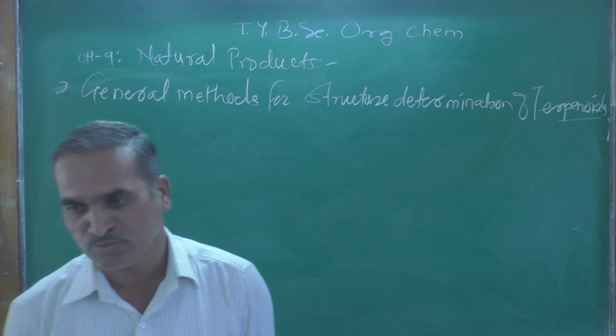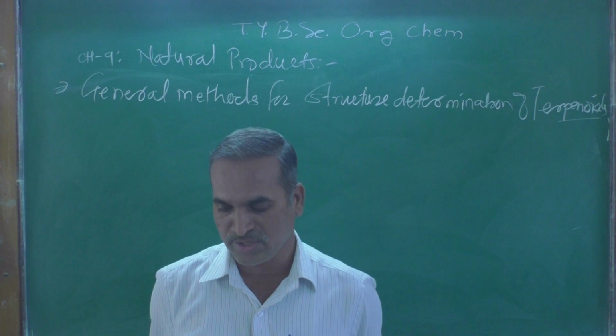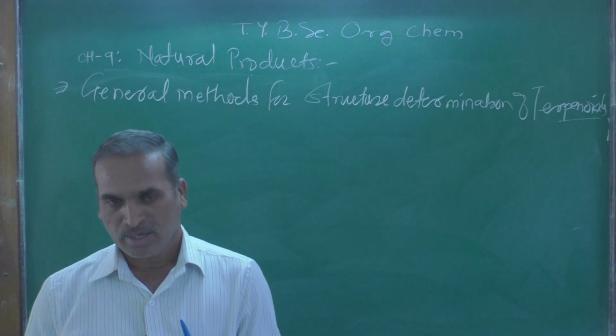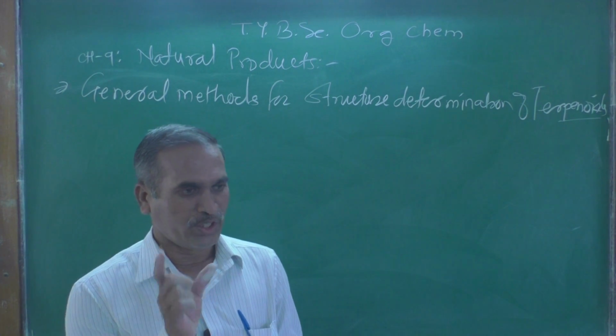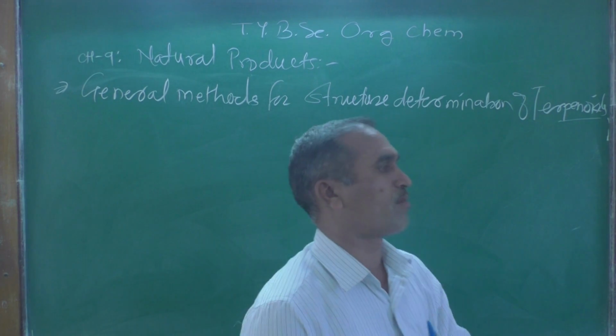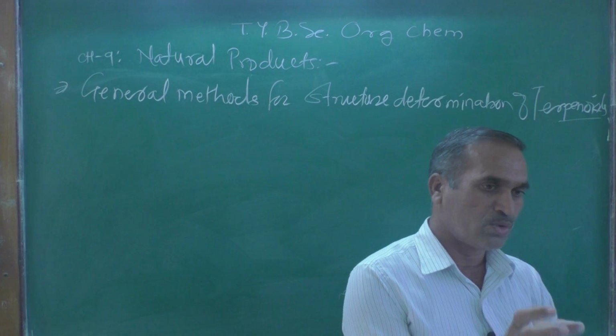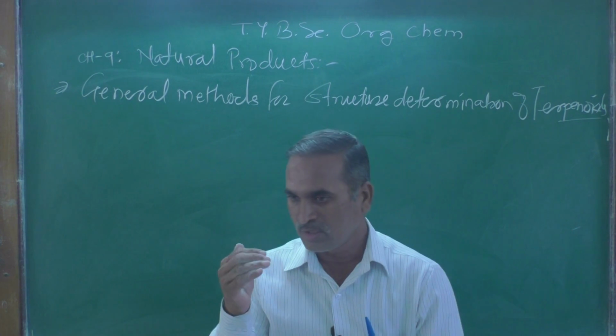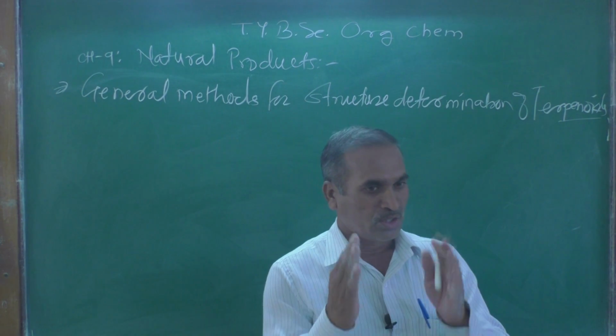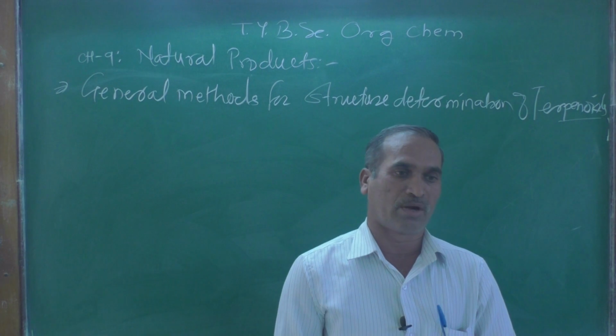And terpenoid, as we know, is one of the natural products, and we don't know the structure of that terpenoid. So how do we derive the correct structure of that natural product?